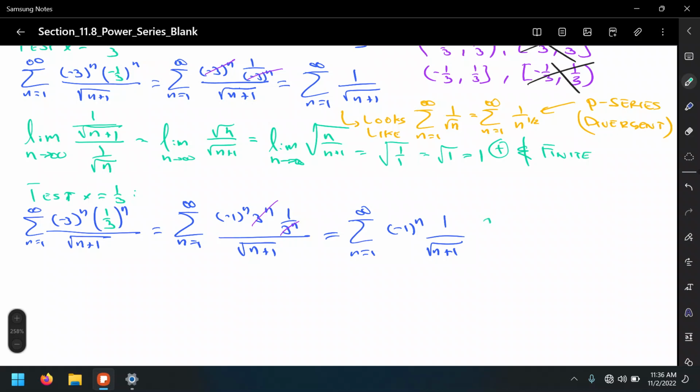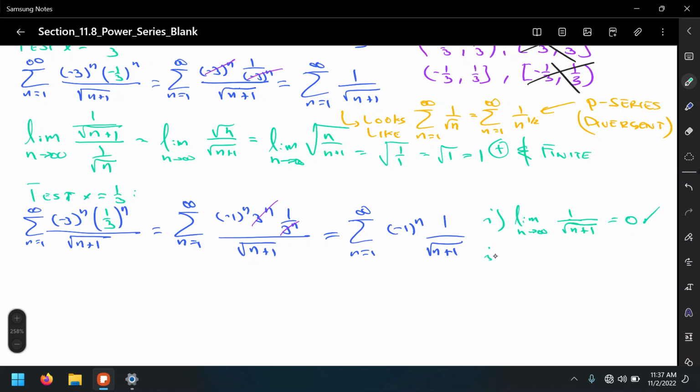Condition number 1 is that the limit as n approaches infinity of 1 over the square root of n plus 1, the limit of the sequence without the alternating factor, has to converge to 0, and in fact it does, because that's 1 over the square root of infinity plus 1. Well, that's still infinity in the denominator, divide by infinity, the limit is 0. So the first condition is satisfied.